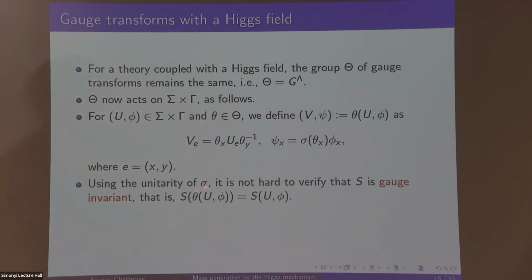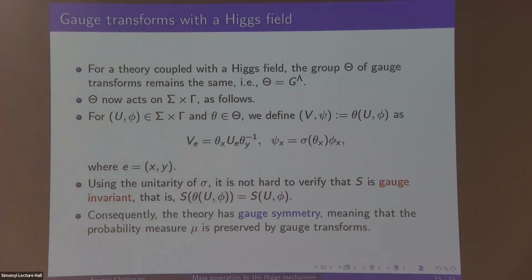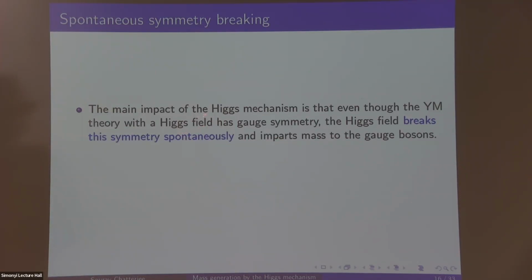Using the fact that sigma is unitary, it's not hard to verify that this is gauge invariant. You need that sigma is unitary for this to become a gauge invariant function. So again, the theory has gauge symmetry, meaning that the probability measure mu is preserved by gauge transforms. Now, what is spontaneous symmetry breaking?